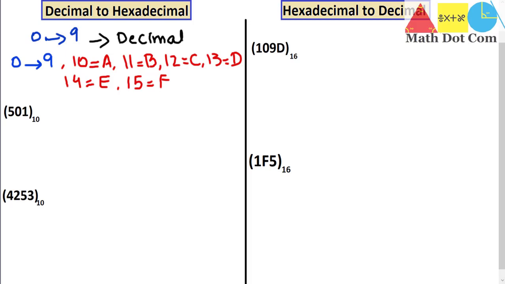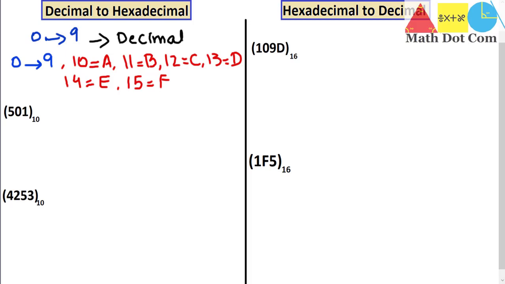We will see the method later, but keep in mind that in decimal and hexadecimal the numbers from 0 to 9 are the same, and after that 10 of decimal is equal to A of hexadecimal, 11 is equal to B, 12 is equal to C, and so on. After 15 we have to convert using a specific method.